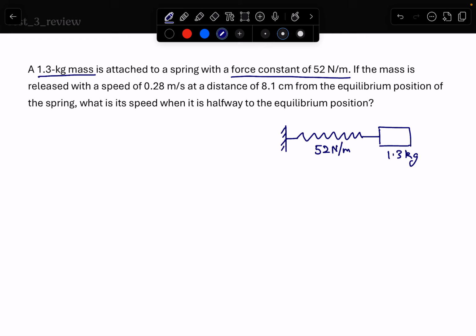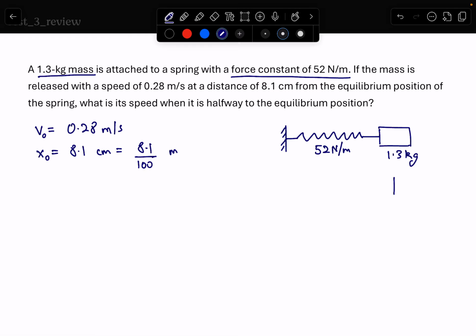If the mass is released with a speed of 0.28 meters per second, this is the v naught, at a distance of 8.1 centimeters, which is 8.1 divided by 100 meters, from the equilibrium position.